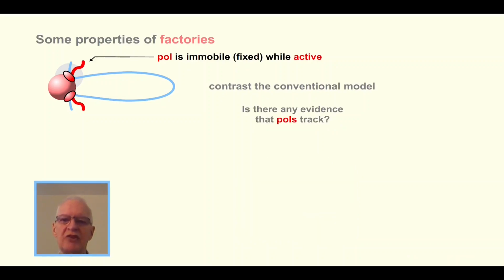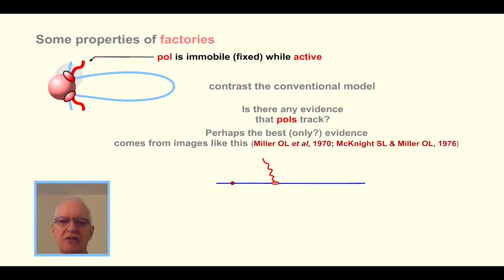I've been going to international conferences for decades and asking this question, and I only get one kind of answer: Miller spreads. And here's a cartoon of a simplified version.